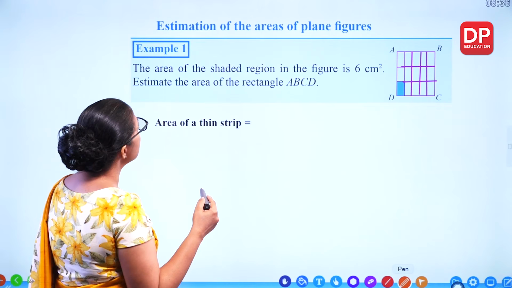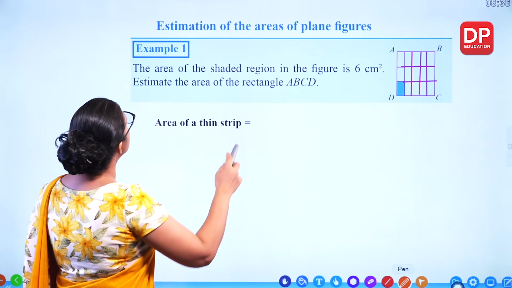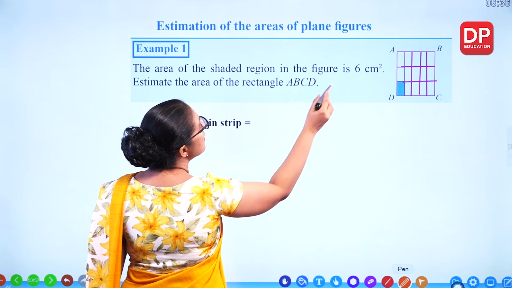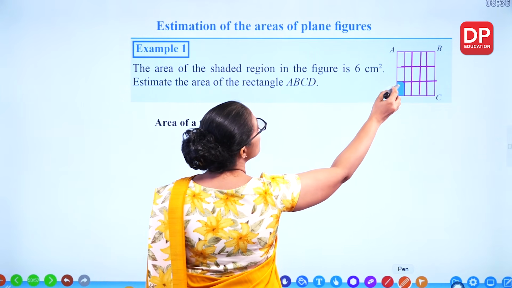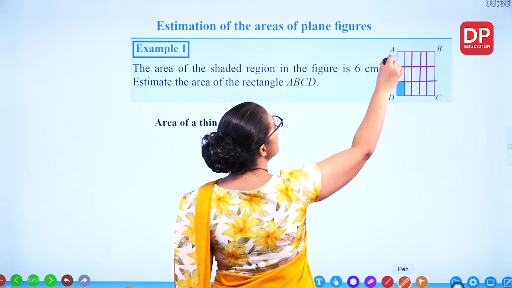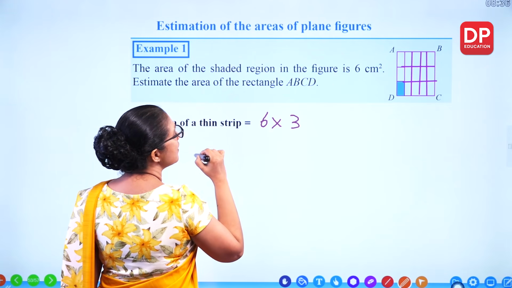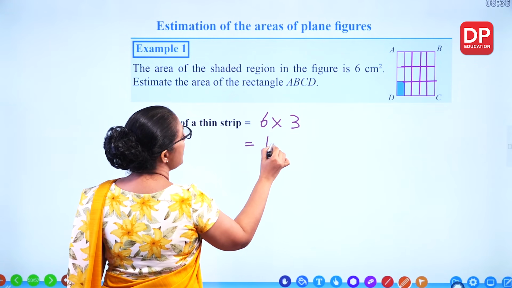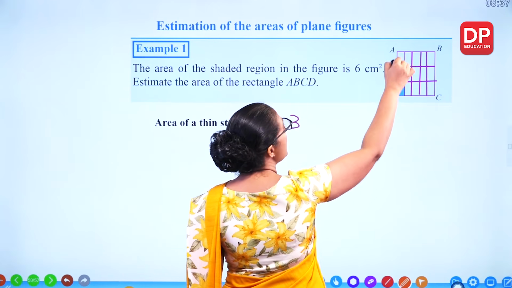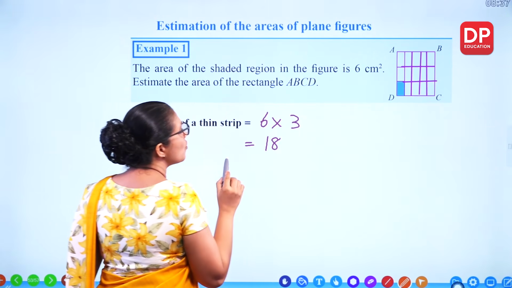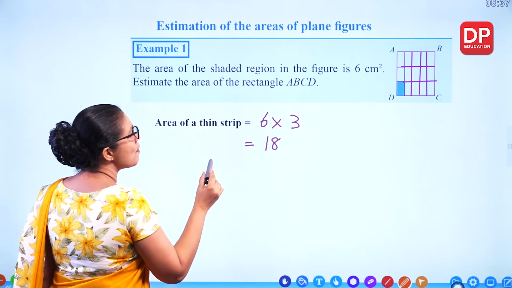So area of a thin strip is given. This is 6. So thin strip means this way. So 6 times 3, that's 18. This way 18. So how many 18s you can fit? 18 times 5.